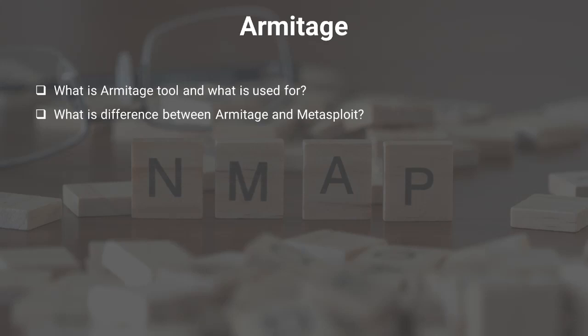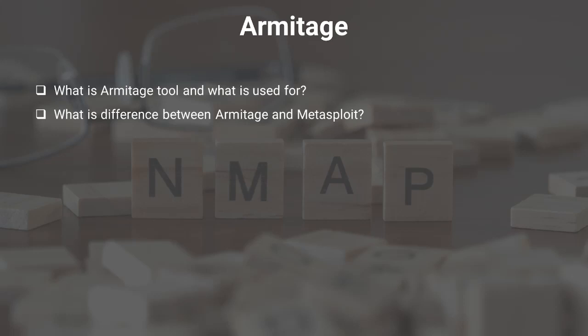What is Armitage? Armitage is a fantastic Java-based GUI front end for the Metasploit framework, developed by Raphael Mudge. Thanks to him, it aims to help security professionals better understand hacking and realize the power and potential of Metasploit.